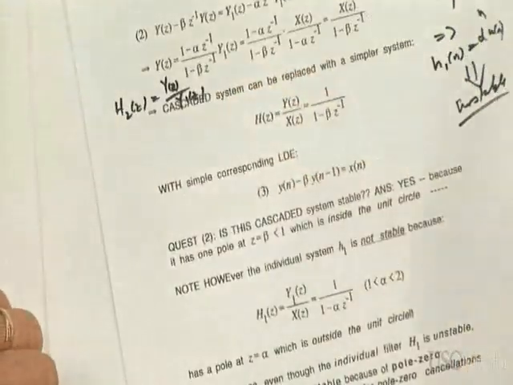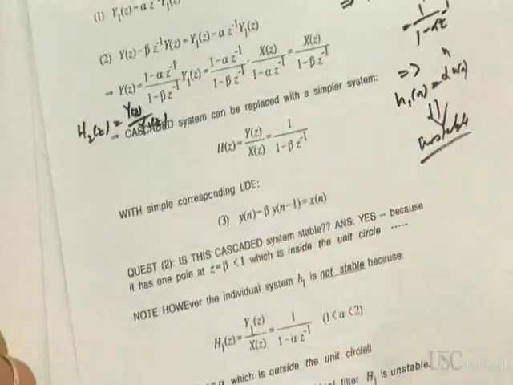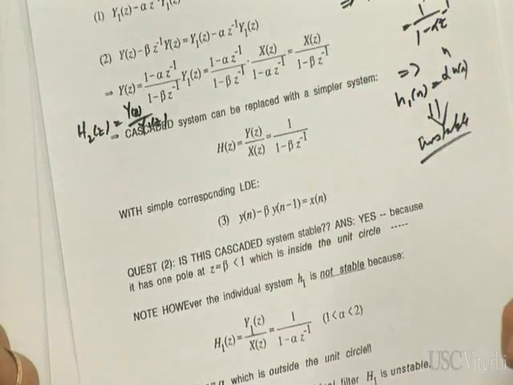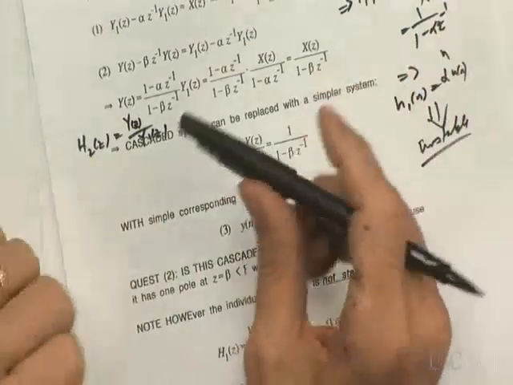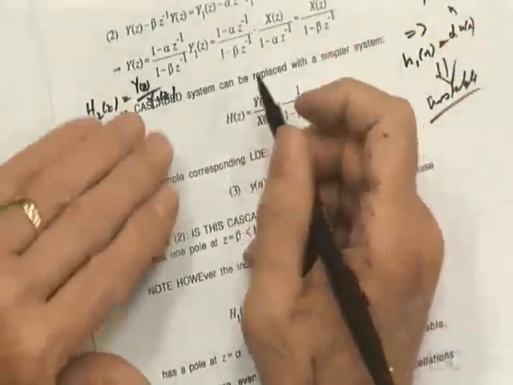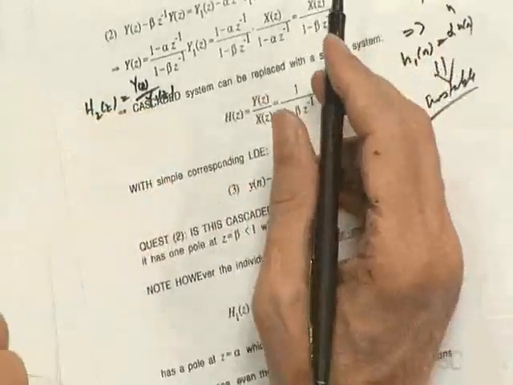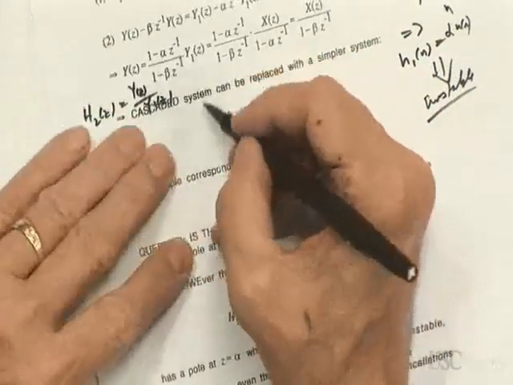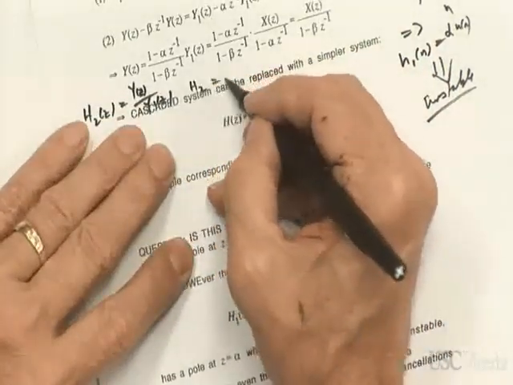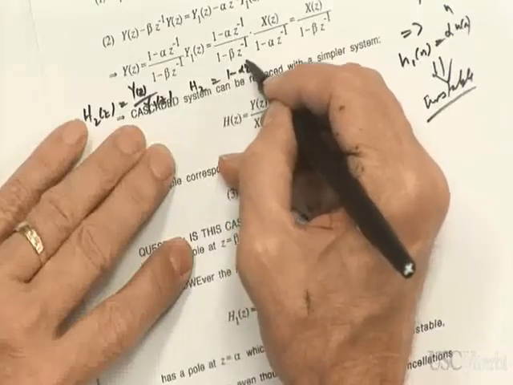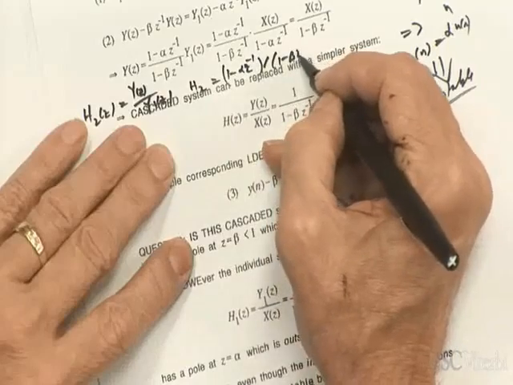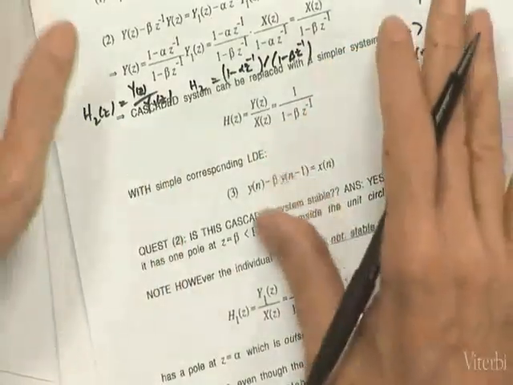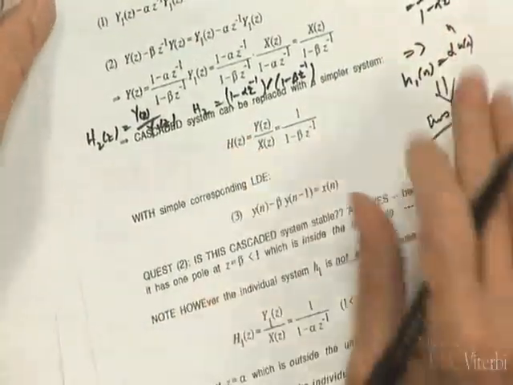I worked that out, and it turns out that h2 is equal to 1 minus alpha z inverse divided by 1 minus beta z inverse. Now, check it out. This is h2.